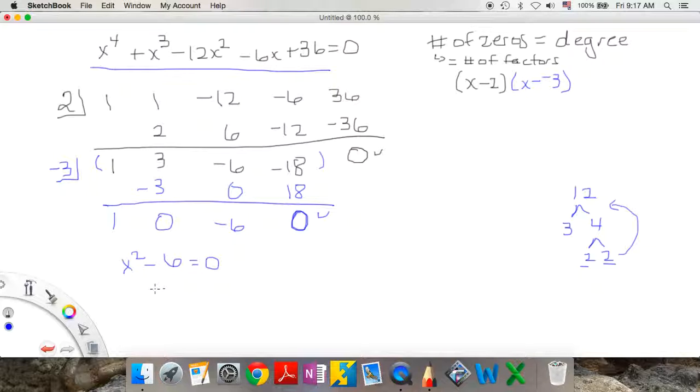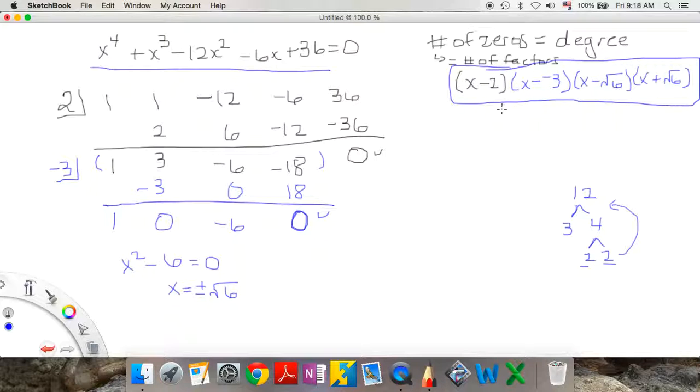So we can solve this. We know that means x is plus or minus the square root of 6. So our other factors are x minus the square root of 6 and x plus the square root of 6. So these are the 4 factors of this polynomial here.